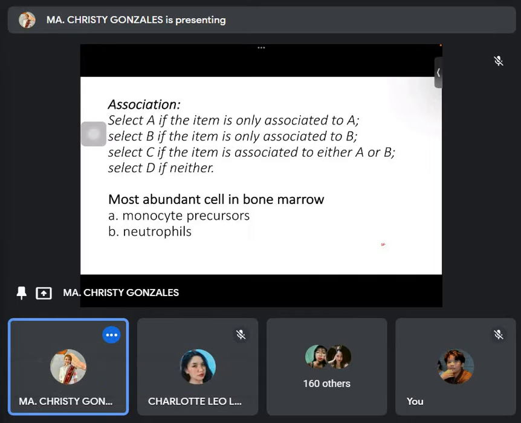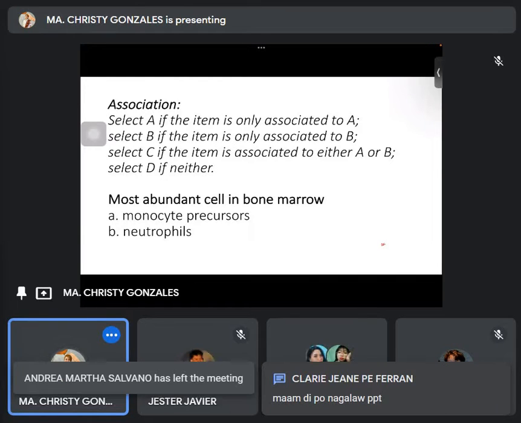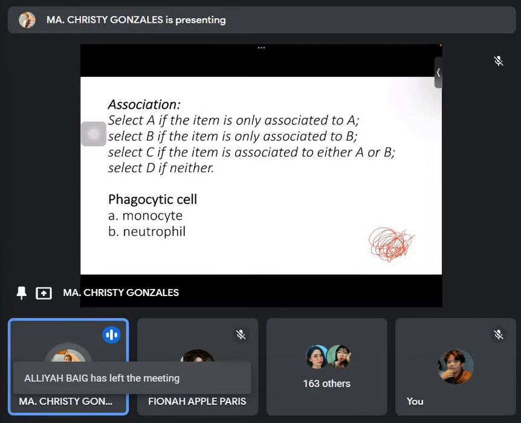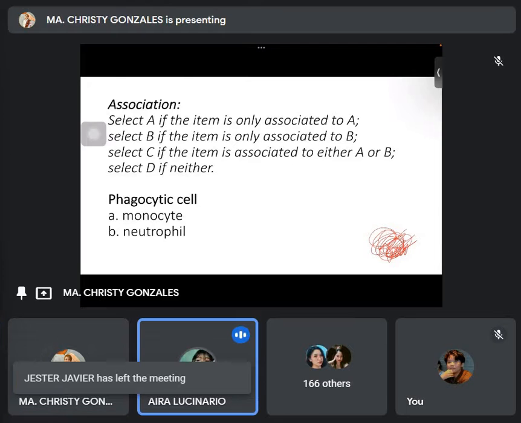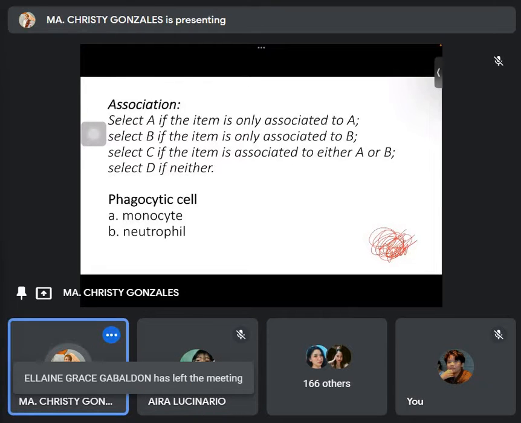So proceed tayo with association ulit. Phagocytic cell. Monocyte, neutrophil. What is the answer? A, B, C, or D? C po. Okay, that's correct. Pareho yung phagocytic cell, monocytes and neutrophil.